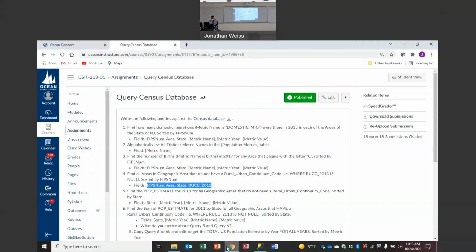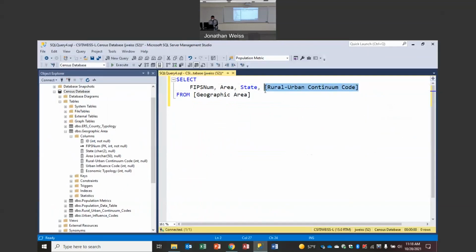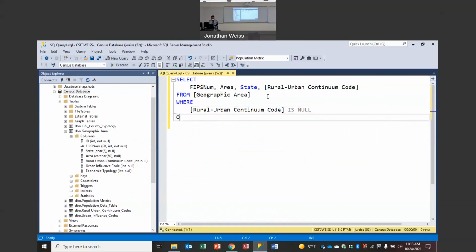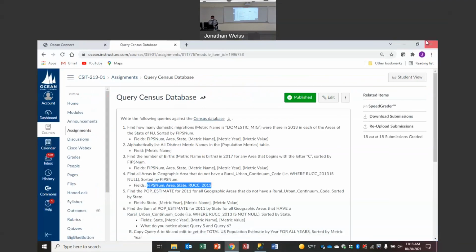And this says where rural urban continuum code is null. So the condition here would have been where, not equals, is null, sorted by FIPS number.